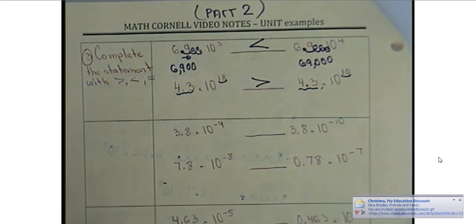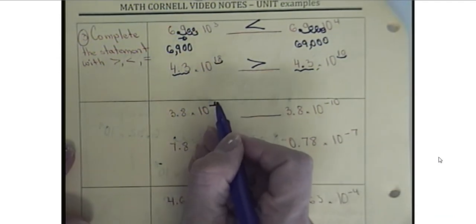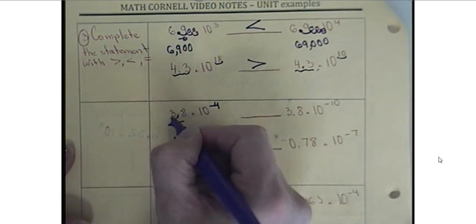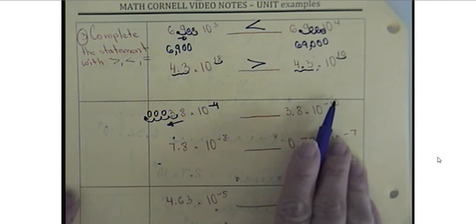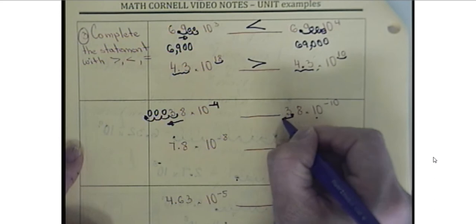Okay, the next example we have is 3.8 times 10 to the negative 4 and 3.8 times 10 to the negative 10. Now, if you have a negative 4 here, you have to move the decimal point to the left 4 times. 1, 2, 3, 4. And you're going to fill out 3 zeros. This one has a negative 10 power, so again we need to move the decimal point to the left, but this time we're going to move it 10 times.